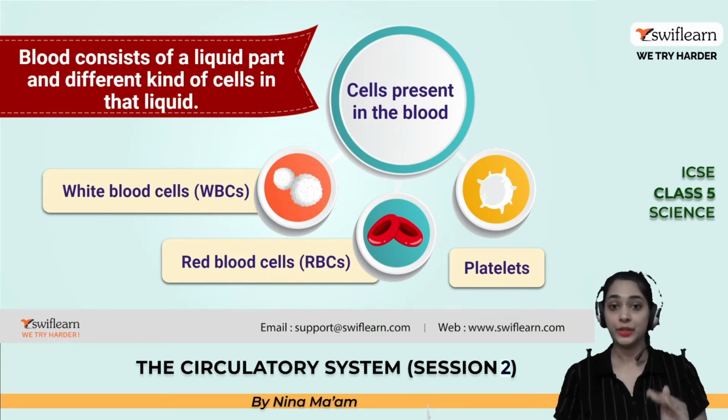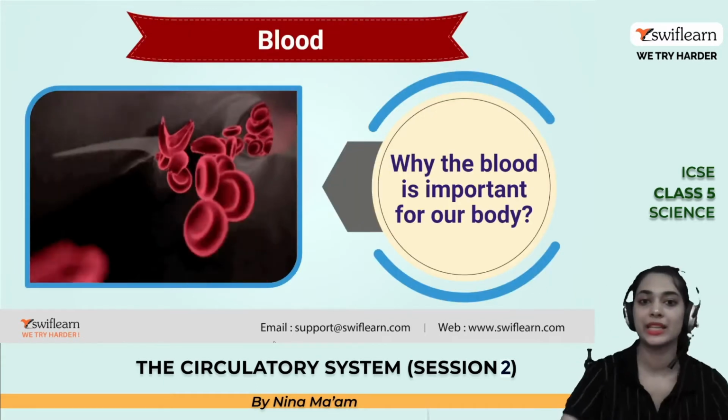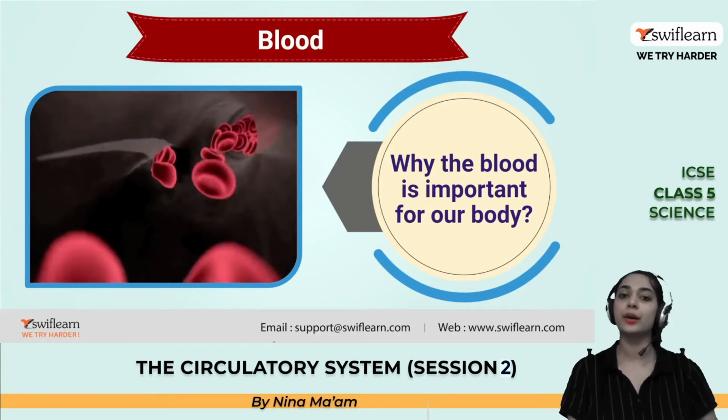Blood also carries carbon dioxide and other waste materials to the lungs, kidneys and digestive system, so they can be removed from the body. Blood also fights infections and carries hormones around the body. I hope it's clear. So we learned about the importance of blood in our body.